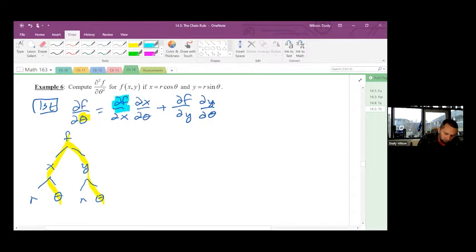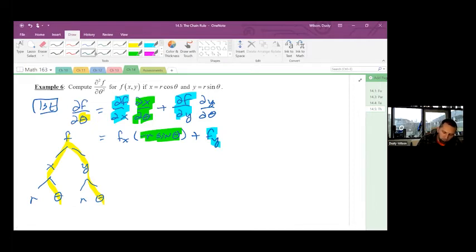So the partial of f with respect to x, we don't actually have a function given, so we'll just write this as fx. And then the partial of x with respect to theta looks like minus r sine theta. Plus the partial of f with respect to y, that's fy. And then the partial of y with respect to theta will be r cosine theta.